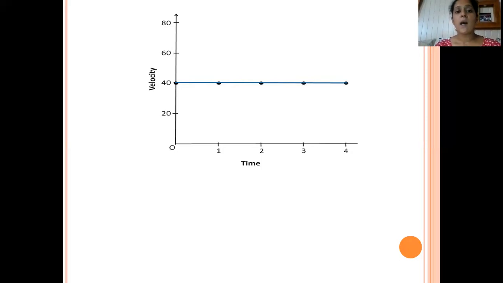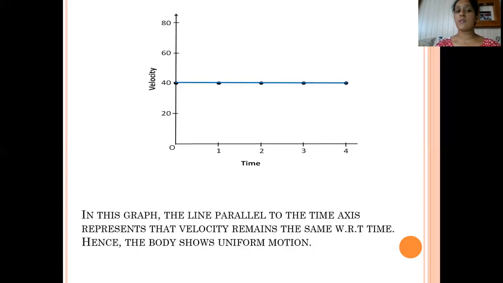So that means a velocity time graph parallel to the time axis represents uniform motion, because here the velocity is not changing with respect to time. So in this graph, the line parallel to the time axis represents that velocity remains the same with respect to time. Hence, the body shows uniform motion.